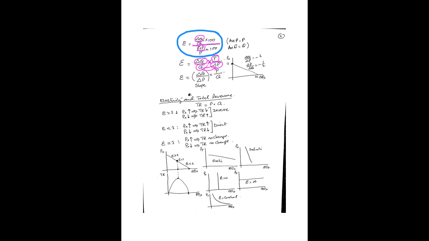Just switch their places. So I get change in Q divided by change in P times P over Q. Remember, this P is average P. This Q is average Q. Not only one P, the average of the two prices. And similarly, average of two quantities.